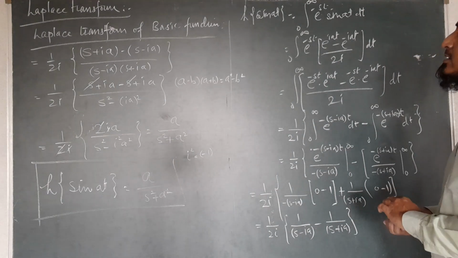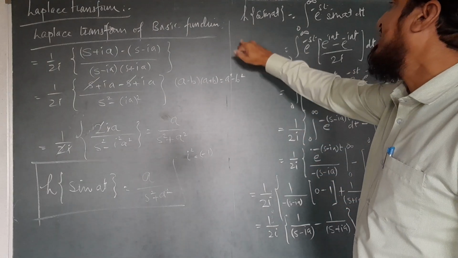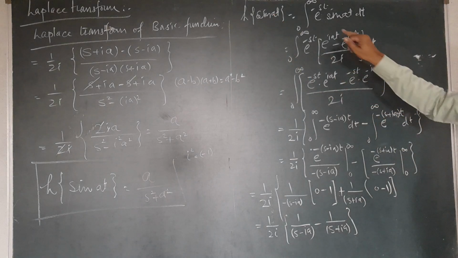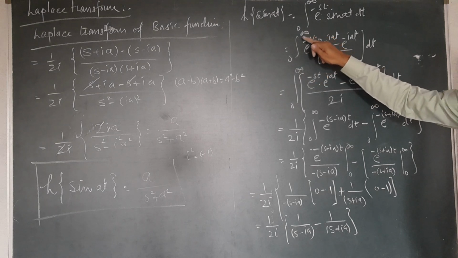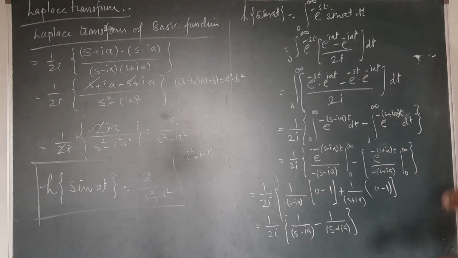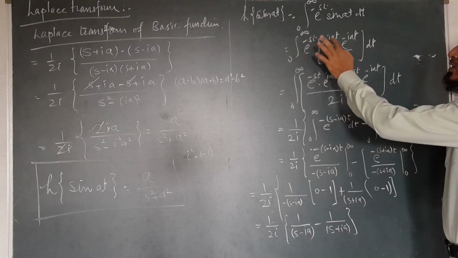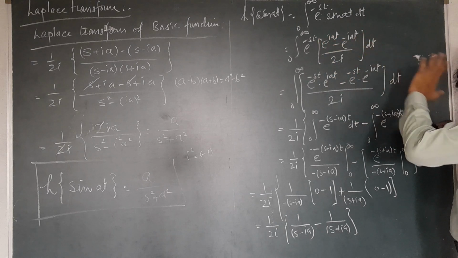Now, what we have done here, we are going to find the Laplace transform of sin at, which is integration from 0 to infinity e raised to minus st sin at, and sin at can be written in the exponential form as e raised to iat minus e raised to minus iat upon 2i.